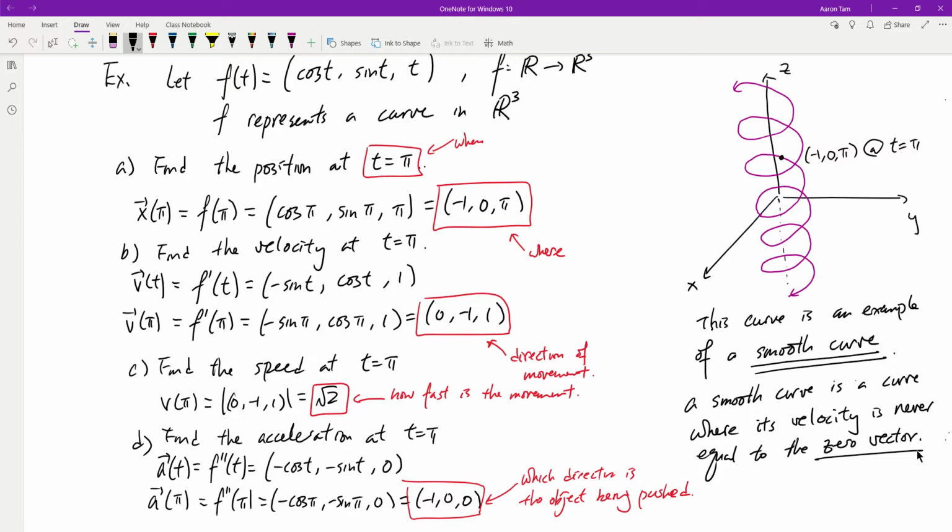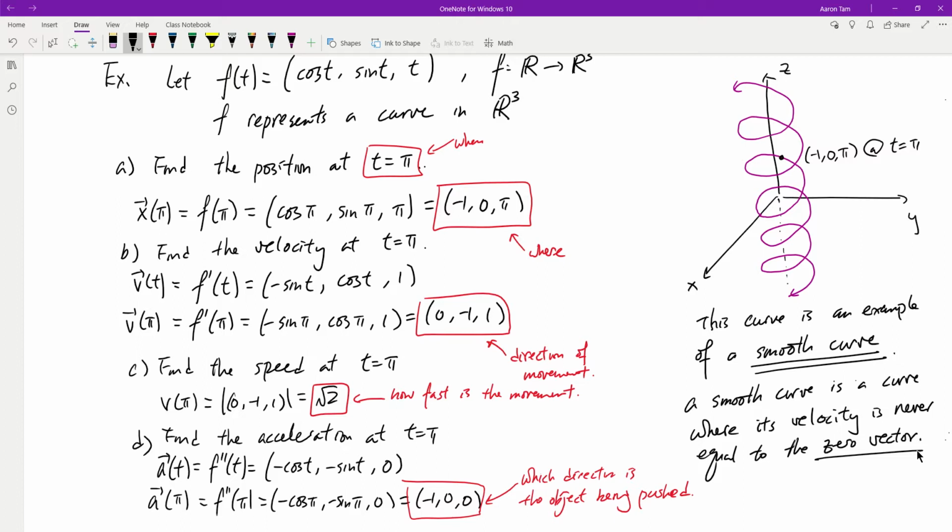So when your velocity vector is the zero vector, at that moment you are not moving at all, because you no longer have a direction of movement nor a speed. You are at rest. So a smooth curve, technically speaking, is a curve that is never at rest.